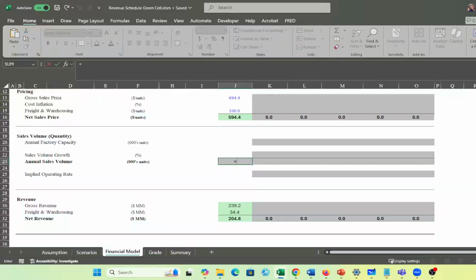So I'm going to hit equals, it will be the gross revenue, divided by gross sales price. Now the revenue is in millions. That means to get this revenue we divided it by 1,000. So to get the actual quantity, I'm going to have to multiply this by 1,000.